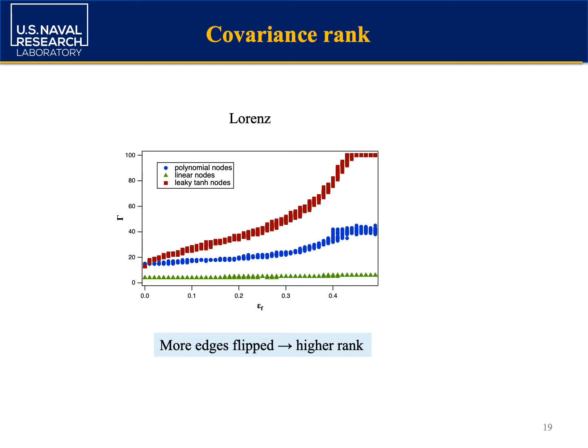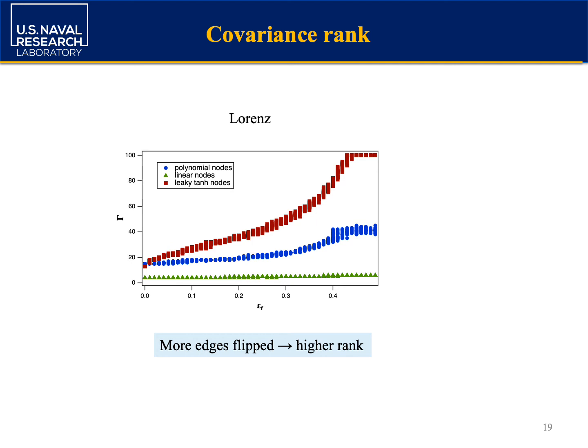I do see the rank saturates for both the nonlinear node types as I increase the number of edges flipped. For the leaky hyperbolic tangent nodes, the rank saturates at 100. I have 100 nodes, and the covariance rank can't get any higher than the number of nodes, so it saturates there. For the polynomial nodes, the rank saturates at around 40.